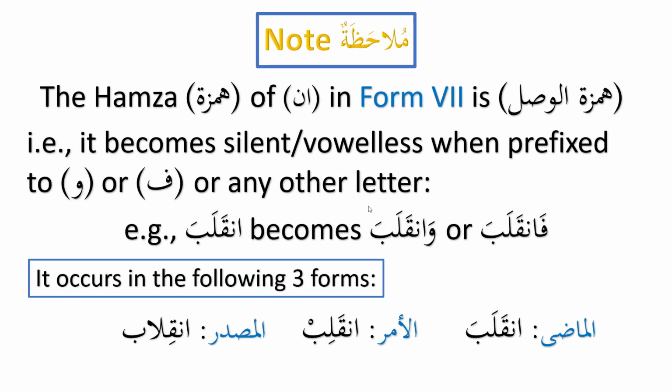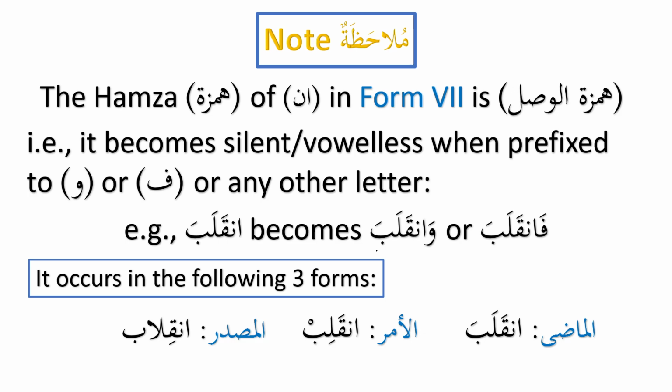Mulahadatun, we have a note over here. The hamza of in, as we know, in are the two extra letters, in form number 7 is hamzatul wasl. That is, it becomes silent or vowelless when prefixed to waw or fa or any other letter. We have inqalaba, for example, but when we connect it with waw or fa, how is it pronounced?